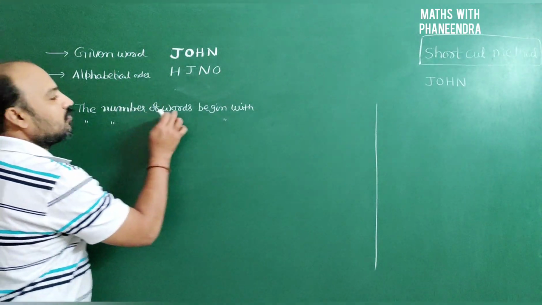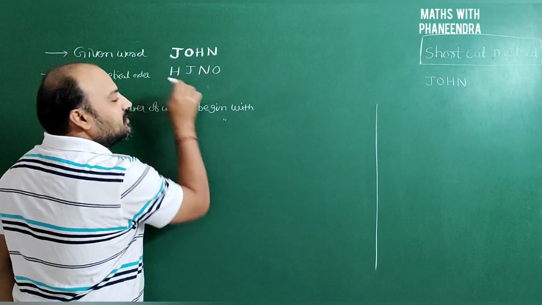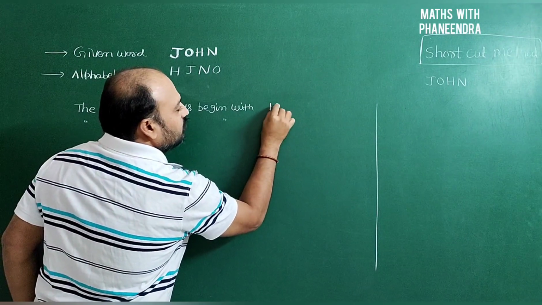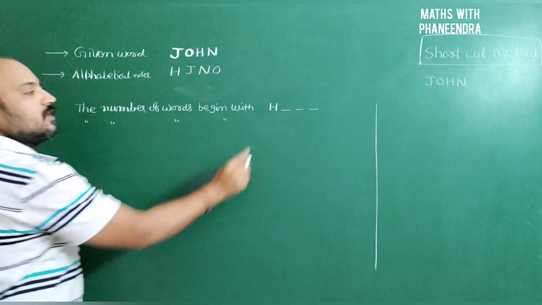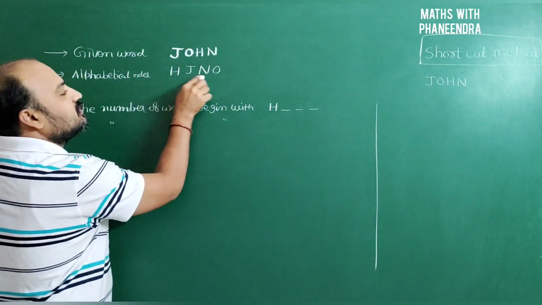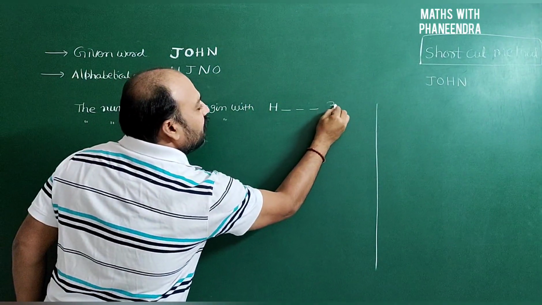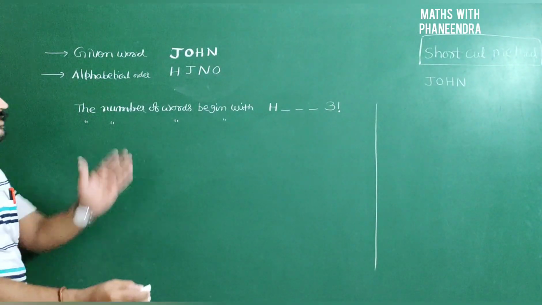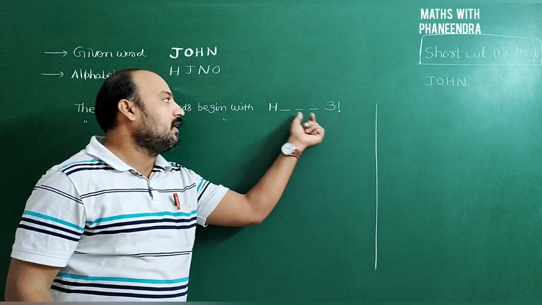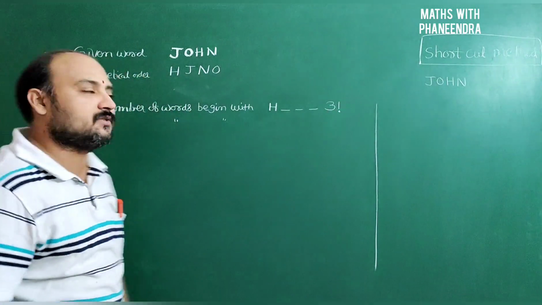For words beginning with H, here we are fixing H, the rest of the 3 letters will be there. These 3 places can be filled with J, O and N in 3 factorial ways. 3 places are there, 3 letters are there. It will be arranged in 3 factorial ways.